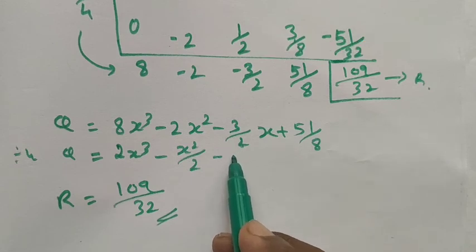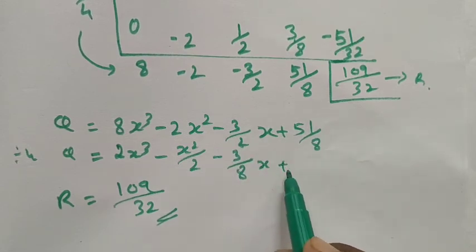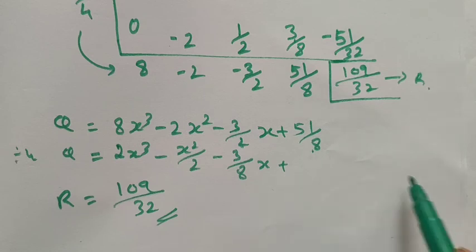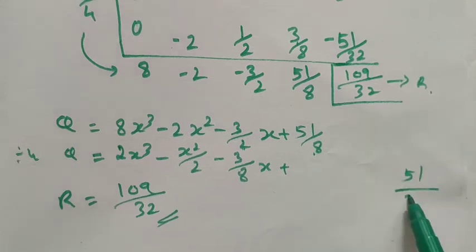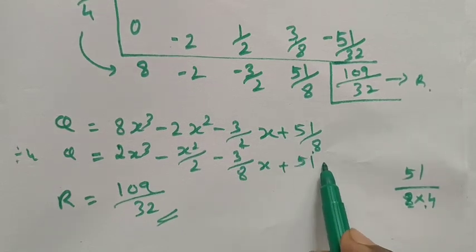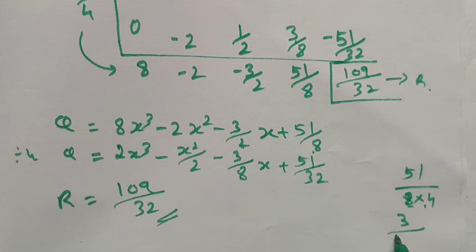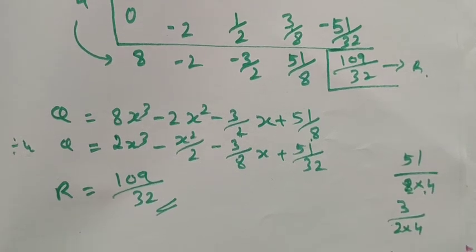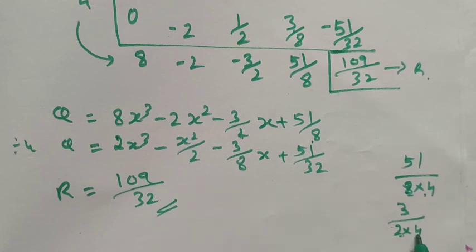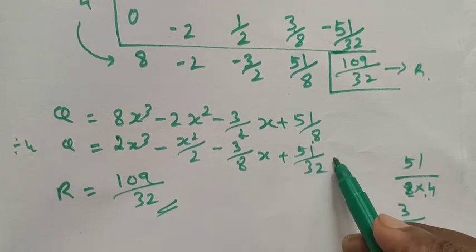So 4 2s are 8, 3 by 8 x plus divided by 4. It is divide by 4 means 51 divided by 8 and then divide by 4 means it will be multiplication. So 51 divided by 32. Here also the same. 3 divided by 2 into 4. Division by 4 means the division should be multiplied with the denominator already. The denominator 4 2s are 8. This is the other quotient.